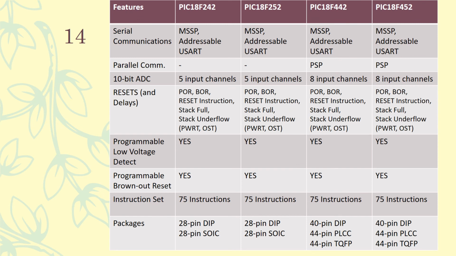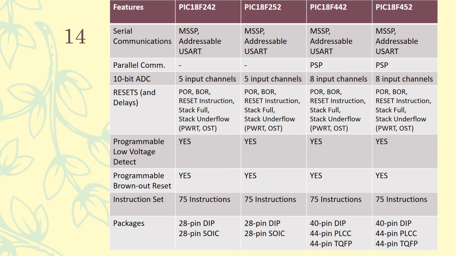Then serial communication, all of them they are supporting MSSP and addressable USART. Then parallel communication in 242 and 252 it is not available. In case of 442 and 452 it is available, parallel slave port, PSP. Then ADC, 242 is 5 input channels, 252 is also 5 input channels, and 442 and 452 there are 8 channels.